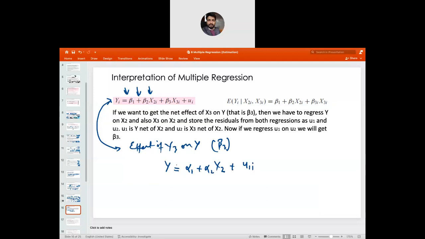You will regress y and x2 in this way. And then you will regress x3 on x2. Now what is this?